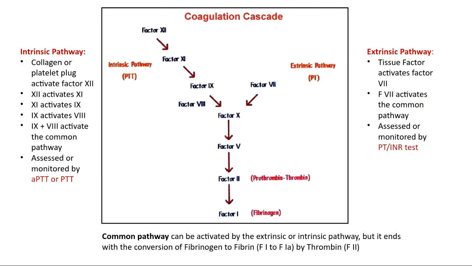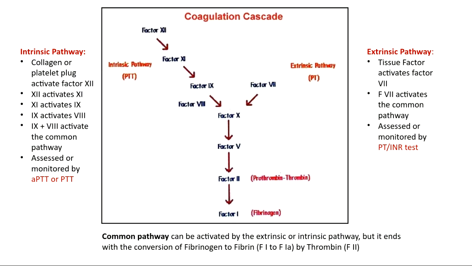So the coagulation factors can be divided depending on how they are activated. They can be divided into intrinsic pathway, extrinsic pathway, or the common pathway. The common pathway is not really marked here, but I will tell you where it is.